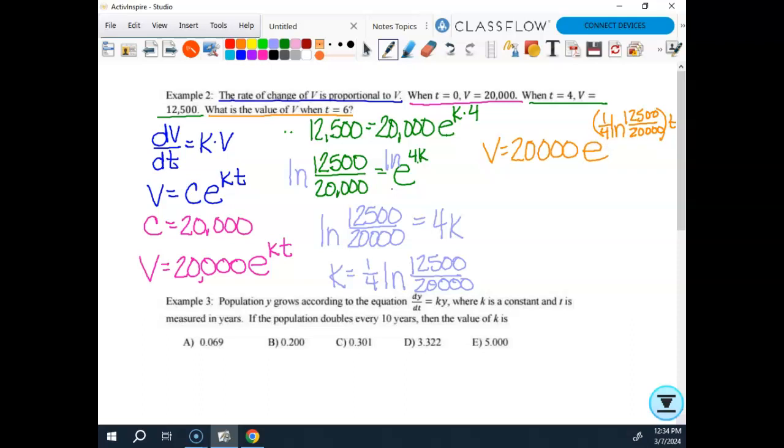What is it? It is 5/8. 5 over 8. If you did reduce it and you got 5/8, totally fine. You didn't need to, you were okay. If you reduced it and didn't get 5/8, that's bad, bad, real bad. Okay, but it is 5/8. All right, so then V is equal to 20,000 times e to the 1/4 times the natural log, all this stuff.